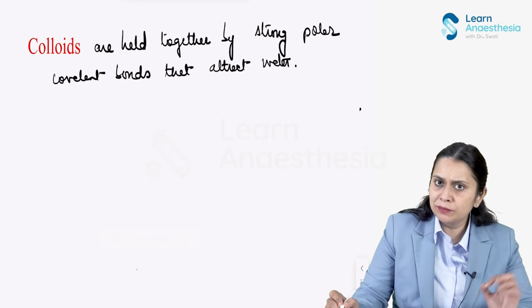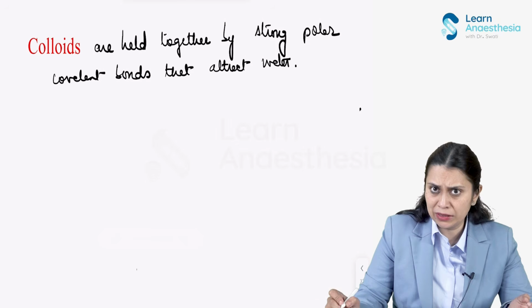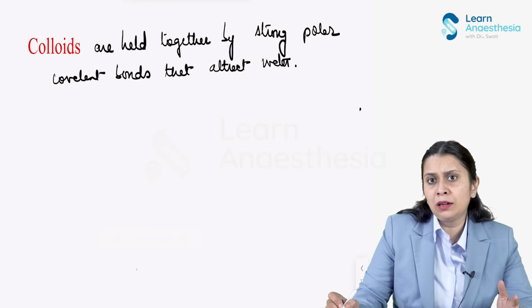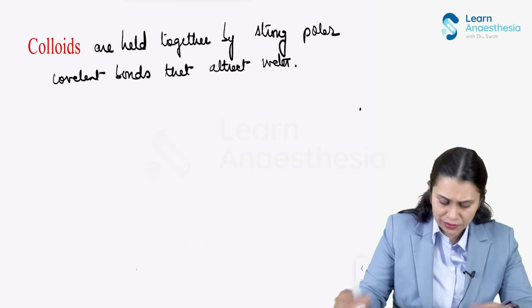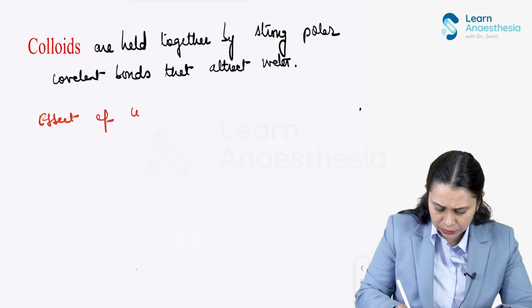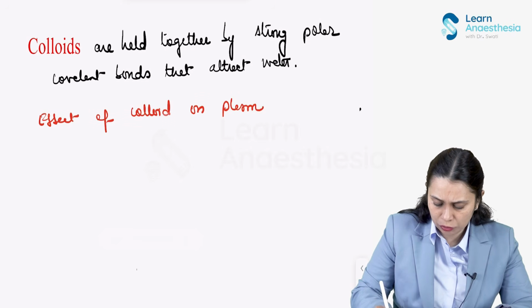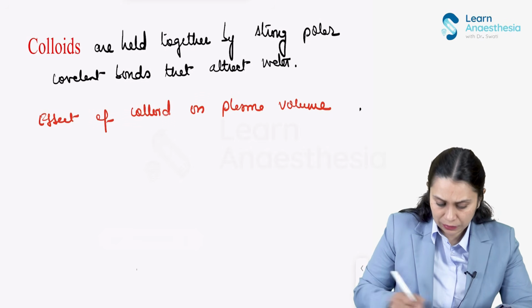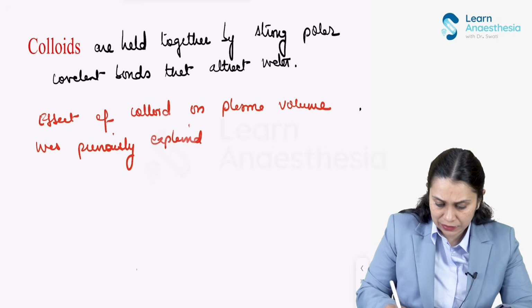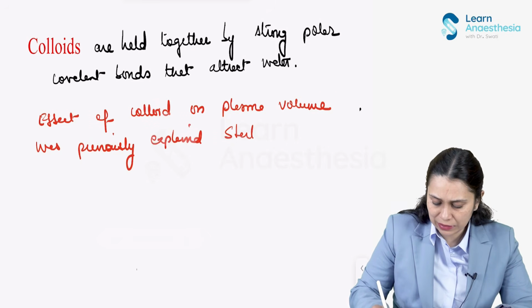First, I will talk about the traditional Starling's method, which was originally describing, and now it has been replaced by the new Starling's hypothesis. So the effect of colloid on plasma volume was previously explained by the classical Starling's model, right?